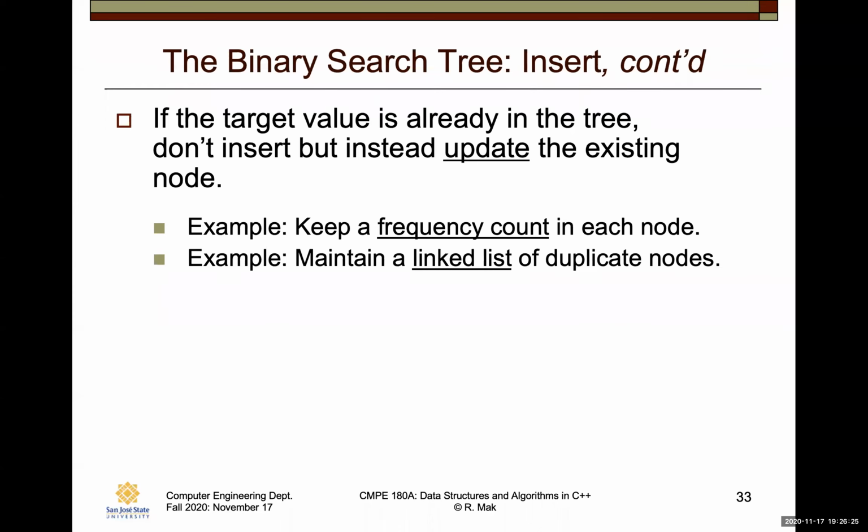So the other nodes are not really directly in the binary search tree, but they're linked to the 7 that's already in the tree. But to keep things simple, why don't we assume that all the values in the tree are unique? So how do we do this insertion?